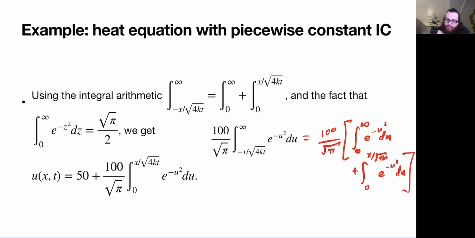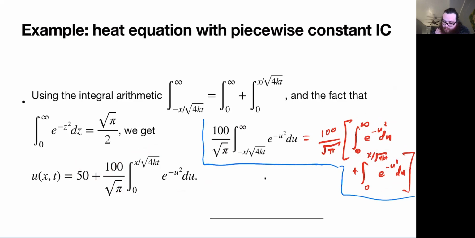But how can we make sense of this representation? One thing we can do is draw another set of axes. The thing here is we're working with these Gaussians. So this piece in here is the integral of a Gaussian.